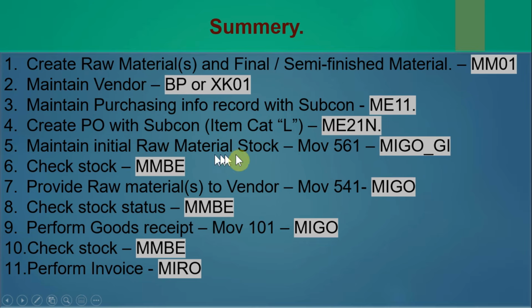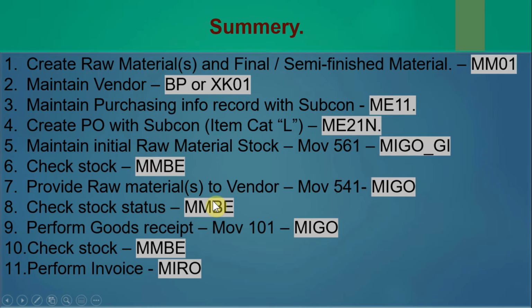Then we maintain initial stock only in case we are practicing, but in a real-time scenario, we perform complete material procurement and then update that into our inventory. Then we check that stock and we provide that material to the vendor with movement type 541, that is nothing but our transfer posting.